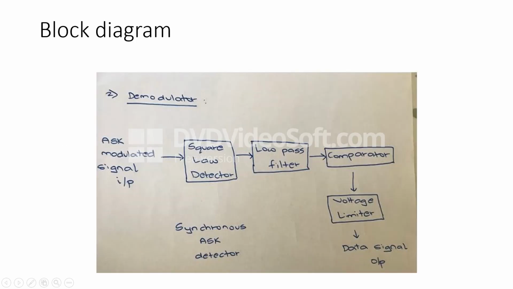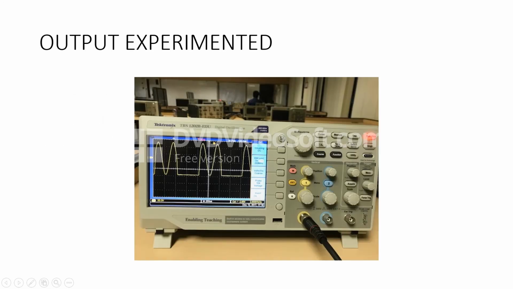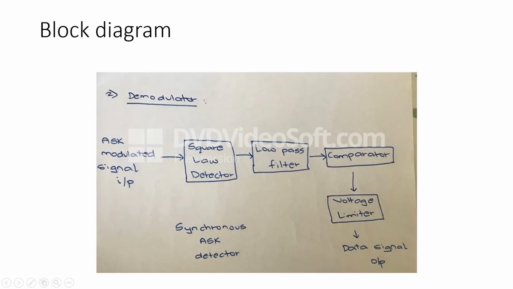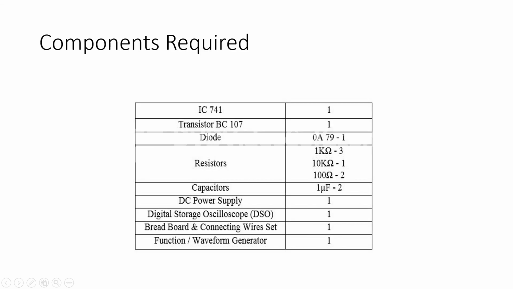The ASK output, which we get at the 6th pin, is given to the square law detector, and then it is passed to the low pass filter, then to the comparator and to the voltage limiter, and then we get the demodulated signal which we expect.